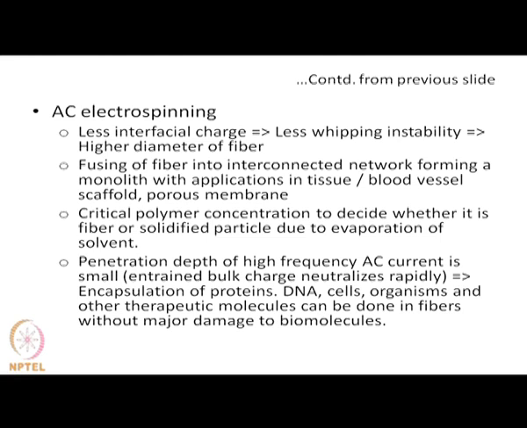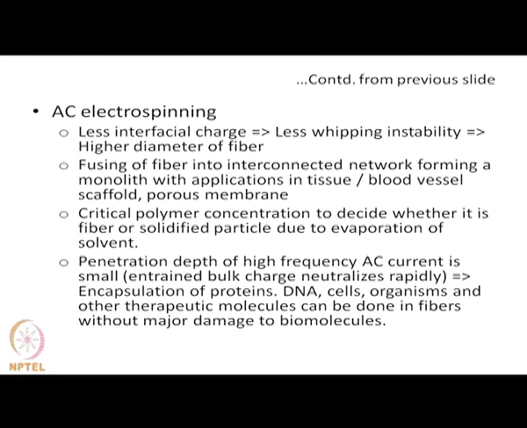Now on top of this, if there is evaporation going on simultaneously, there is a possibility that it gets evaporated on the way, and so in that case there would be a solidified particle rather than a fiber. That would be decided by the critical polymer concentration.